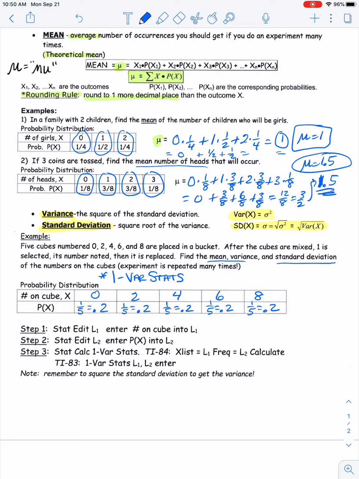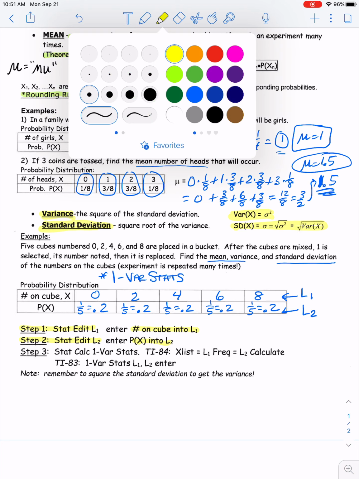You can pause the video if you want to. The numbers on the cubes, or the x's, I want you to put in L1. The P of X's, I want you to put into L2. So step 1, put the numbers in L1. Step 2, put the probabilities in L2. So if you need to stop for a second, do that.